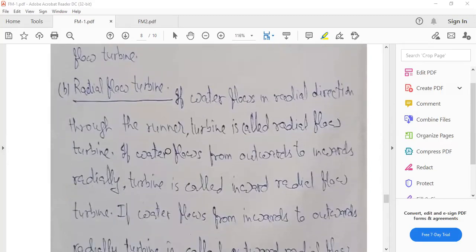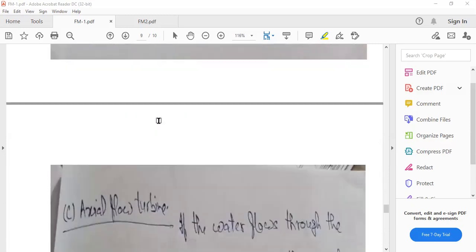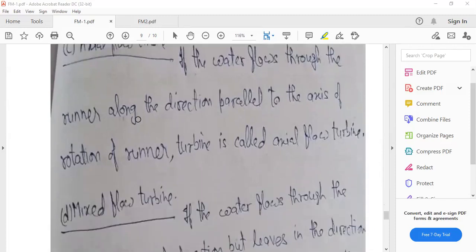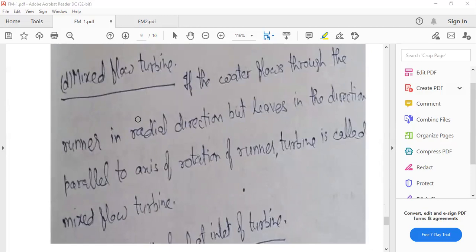If water moves radially through the runner, then it is known as radial flow turbine. Axial flow turbine, if the water flows in the direction parallel to the axis of runner, then it is known as axial flow turbine. And at last we have mixed flow turbine. In mixed flow turbine, water enters from radial direction but leaves in the direction parallel to the axis of rotation of runner.